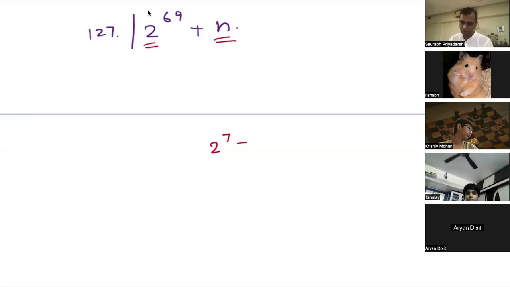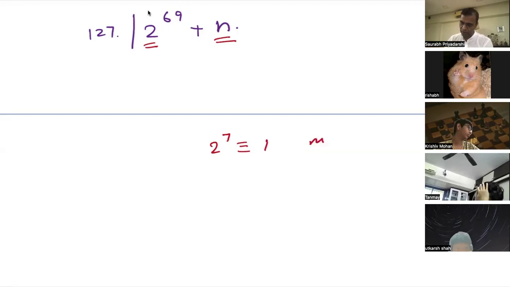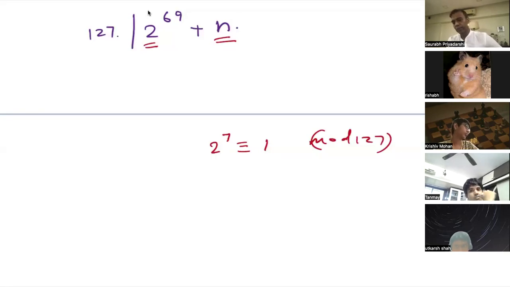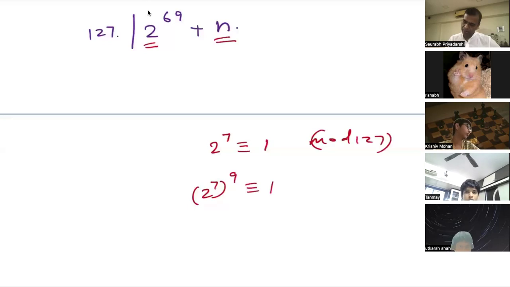Right, 2 to the power 7 is 128, congruent to 1 mod 127. Is this okay? And I have to reach the number 69, so I can give the power 9. 1 to the power 9 is again 1 only.